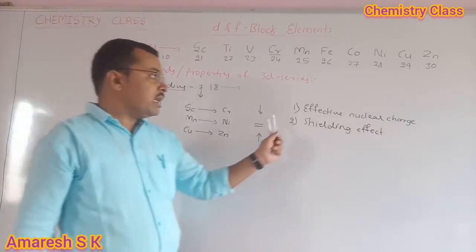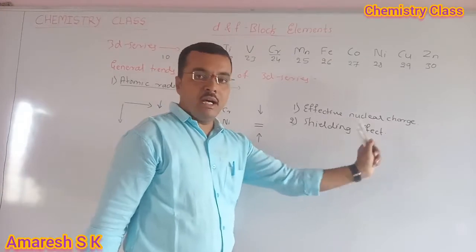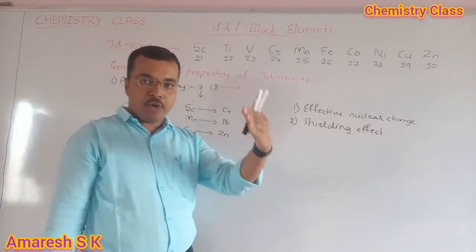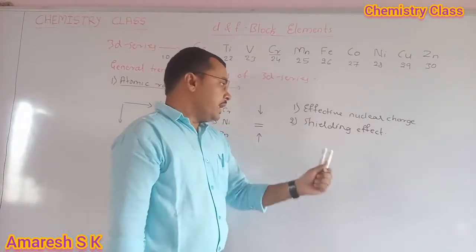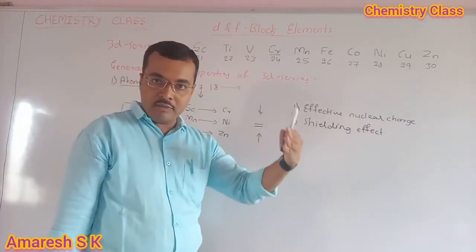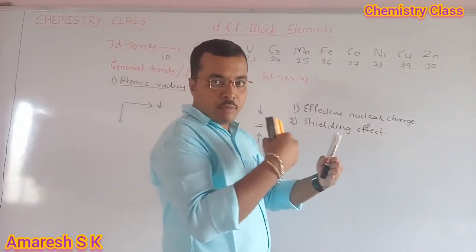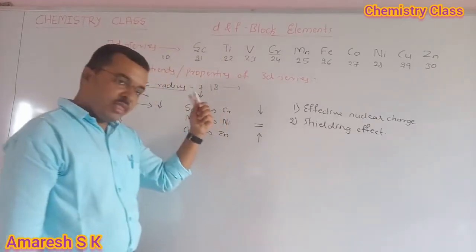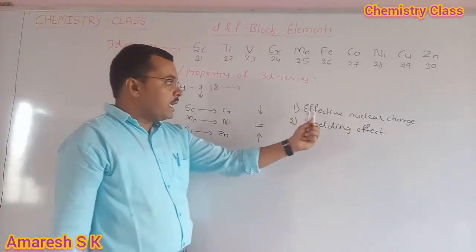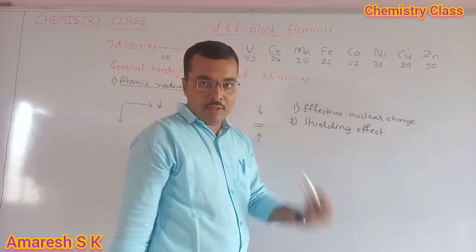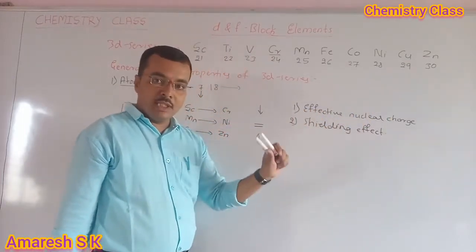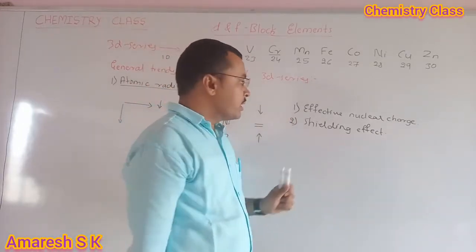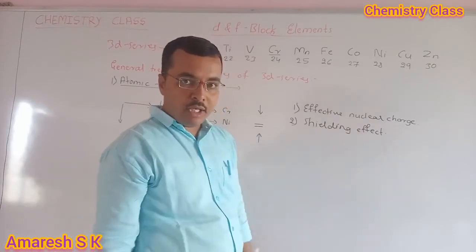Then what is the meaning of effective nuclear charge and what is the meaning of shielding effect? Already you know about the shielding. Shielding means a protection or protective layer. If there is a protective layer, then protection will happen. Like this, the shielding effect also will happen in this series of elements, and effective nuclear charge is also one of the most important factors which we can observe in all the elements in the periodic table. These are the two important factors.